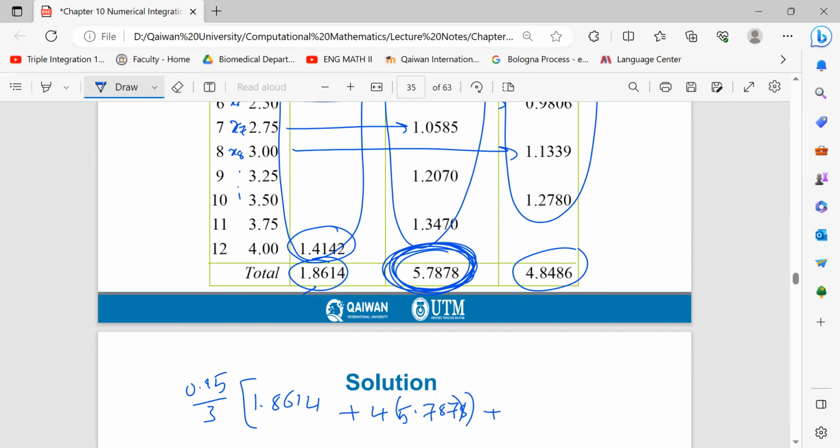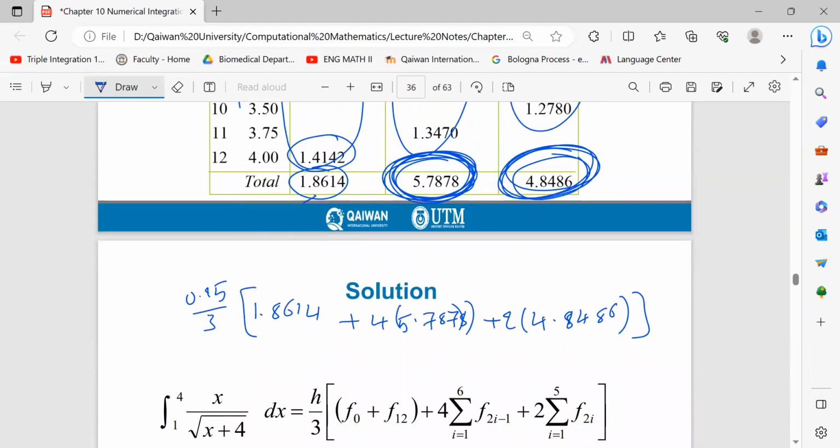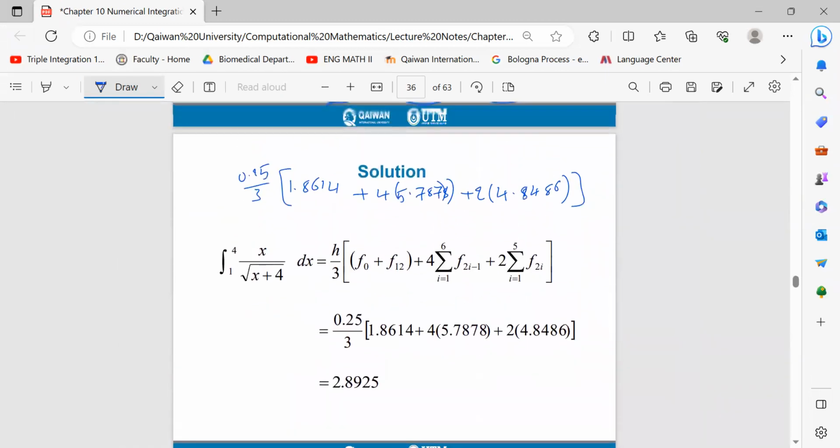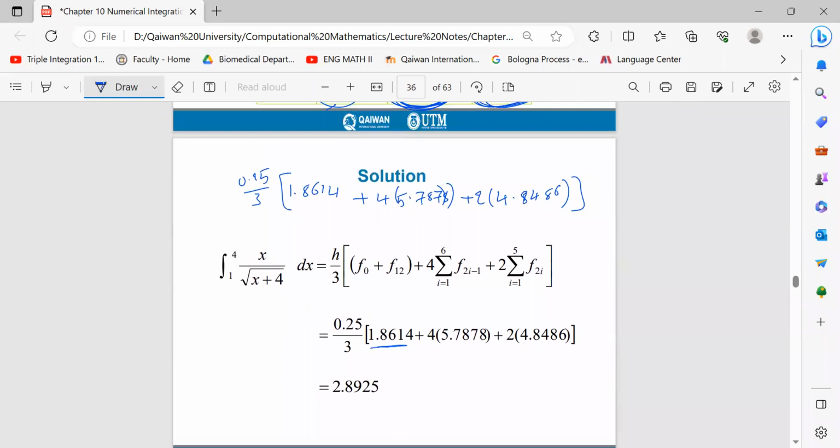Okay? Then 2 times the even ones. Just evaluate this, you get this. Okay? You need to use a calculator to get the results. That's it. This is first and last, 4 times odd ones and 2 times even ones. And the result is this. Okay?